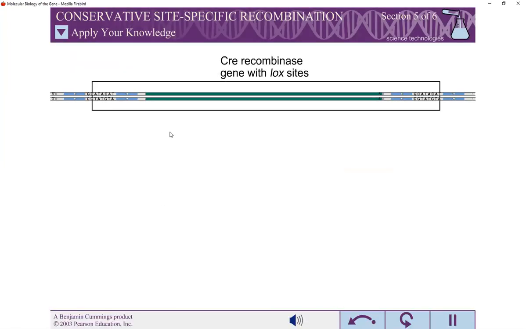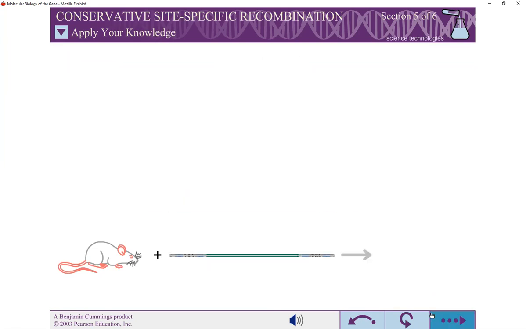Once the lox sites and Cre recombinase gene have been inserted into the mouse genome, now see this. Once this sequence has been inserted and it possesses a short direct repeat, this is a direct repeat, and this is a direct repeat which has been inserted.